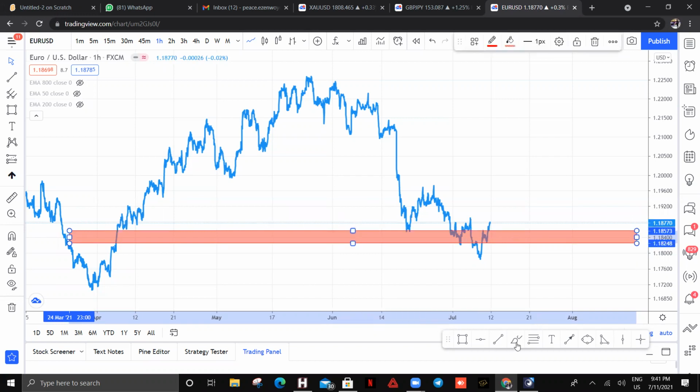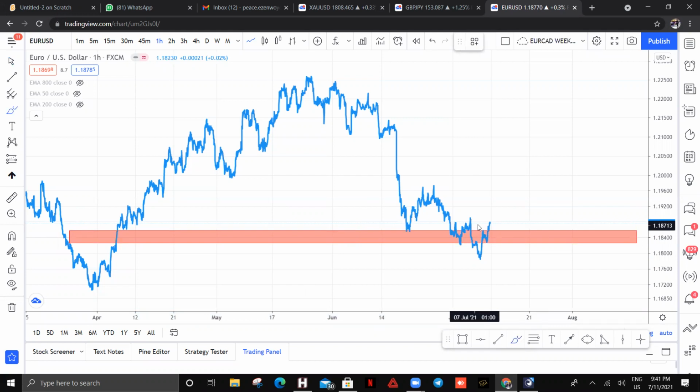This is the most recent pullback. This particular one here. This one, I'm sure you understand it. That's the most recent pullback. Then you pick another one, you can see a pullback here too.